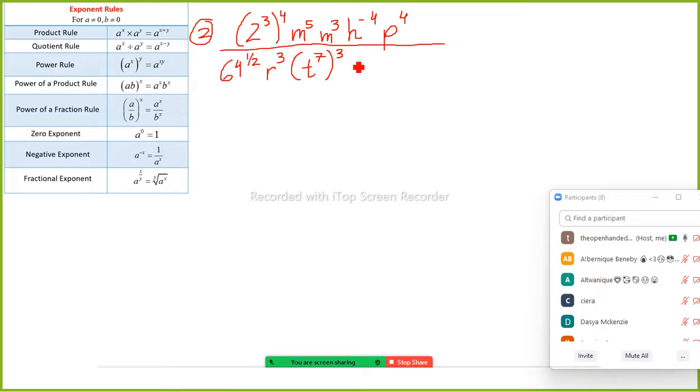Let's say we add k to the power of 0 and p to the 2nd power.